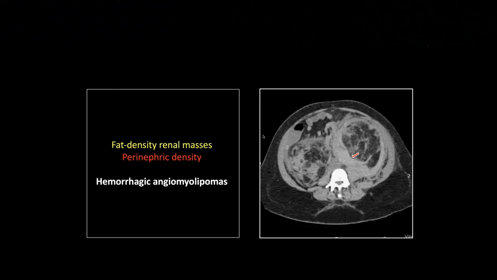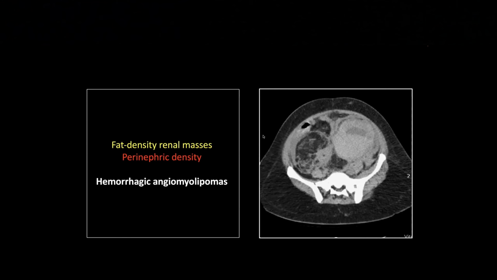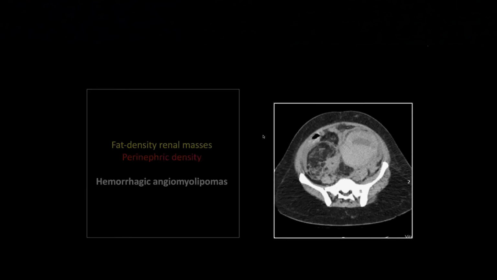But when you see them to this extent, I think you can pretty safely assume this is going to be a case of tuberous sclerosis. So there is near complete replacement of both kidneys with these fatty masses. And you can see inferiorly here a giant collection of perinephric density with layering density, again, suggestive of a subacute hematoma.